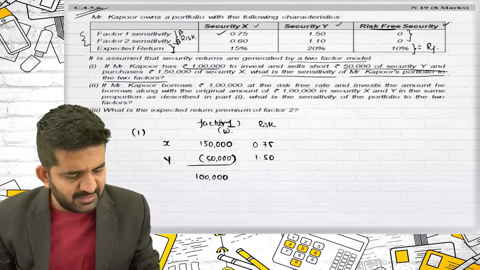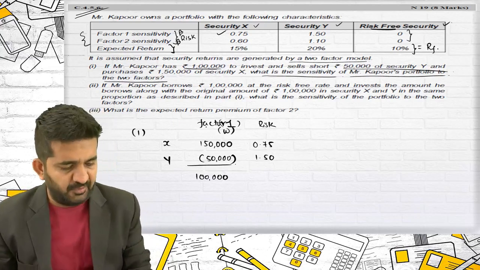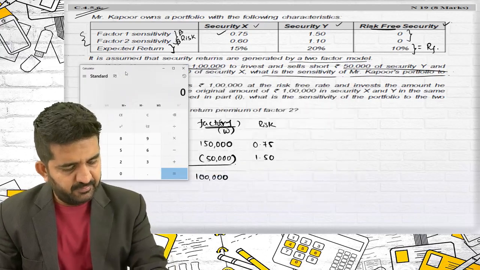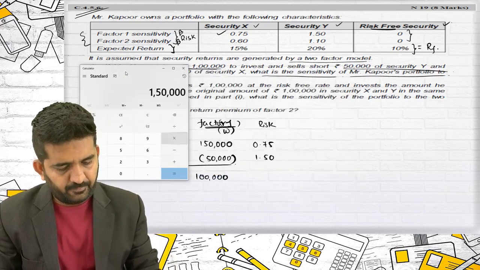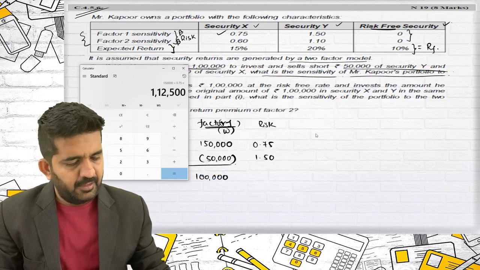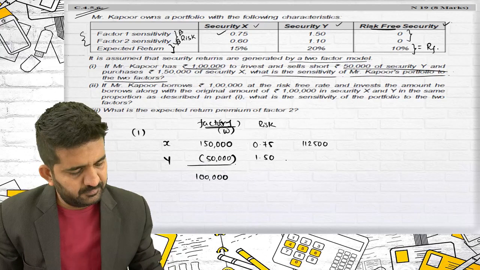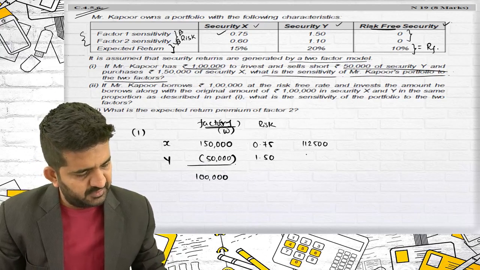What is the risk, this? What is the weight, this? Of factor 1, I can easily find out the answer. 1,50,000 into 0.75 is 1,12,500. And this is 75,000.